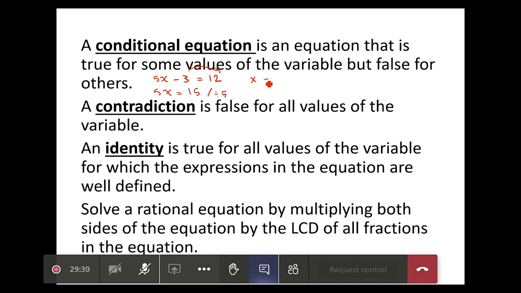So we have x equal what? Equal 3. So when the value of x equal 3, the equation correct. If we have another value of x, for example, x equal 0, x equal 1, x equal minus 1, this is incorrect. So this is conditional equation.